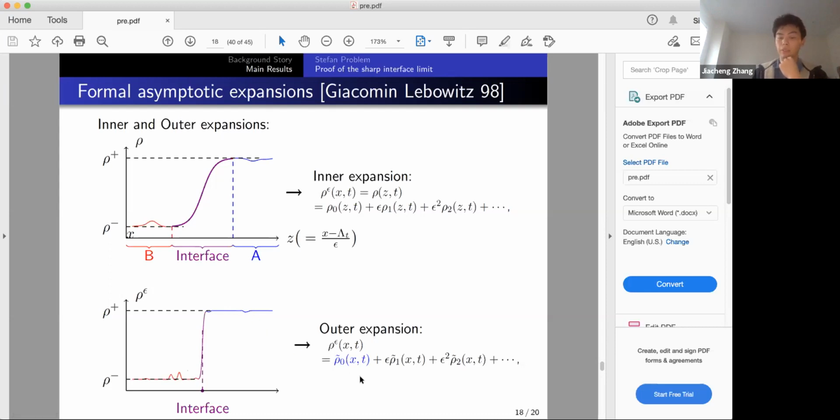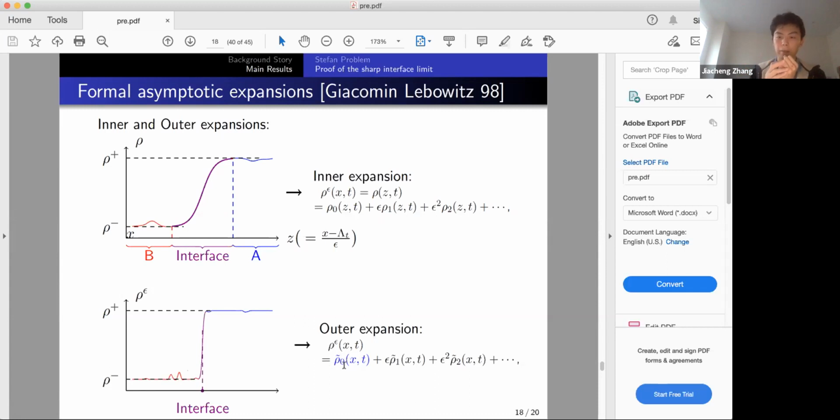The main part of this outer expansion is this rho 0, which corresponds to the limit of our problem, that is the Stefan equation here. Does that make sense?